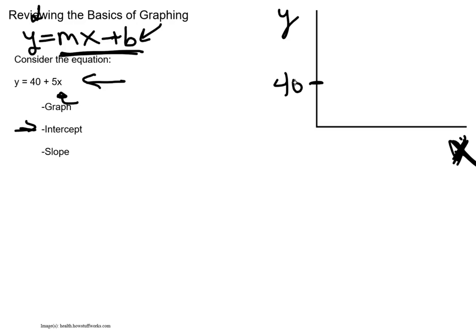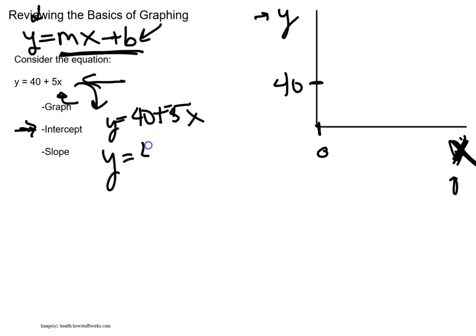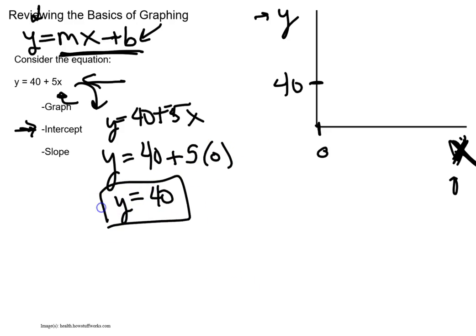What does that mean though? What we can say is this vertical intercept represents the value of y when x takes on a value of 0. Mathematically, we can take this equation, y equals 40 plus 5x, and plug in the information that I have: x takes on a value of 0, so I can use the equation to solve for y.